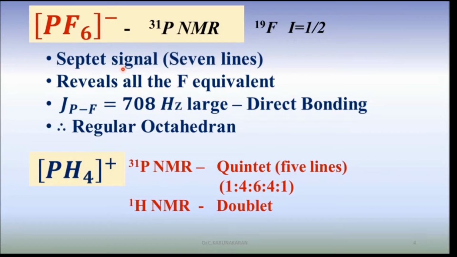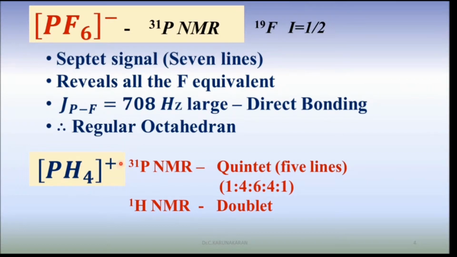It gives a septet signal, 7 lines. That is phosphorus NMR. There are 6 fluorine atoms. Therefore, phosphorus couples with the 6 fluorine atoms to give a septet signal, 7 lines. It reveals that all the fluorines are equivalent. Therefore, the geometry is regular octahedral.